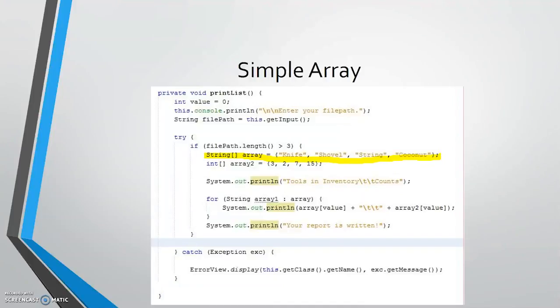This will be printed out. As you can see below, we print that out with a for each loop. And that's our simple array that just goes through, and those are always the same. They're not added to or taken away from.